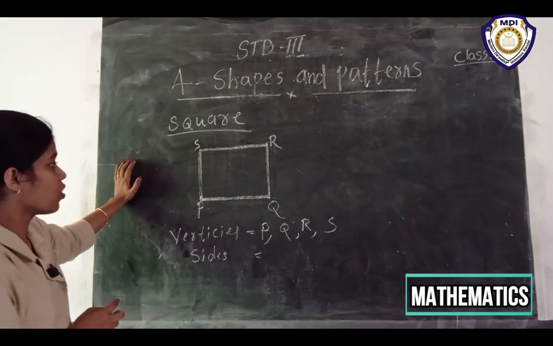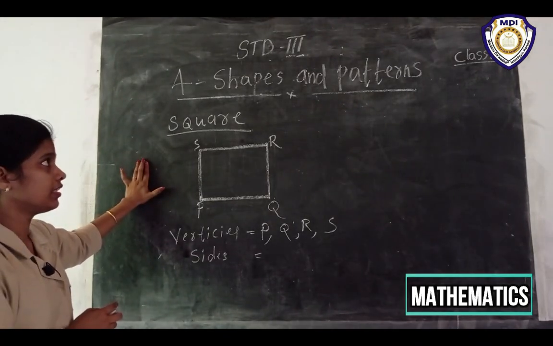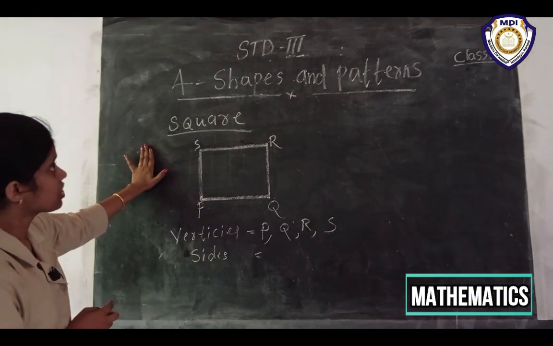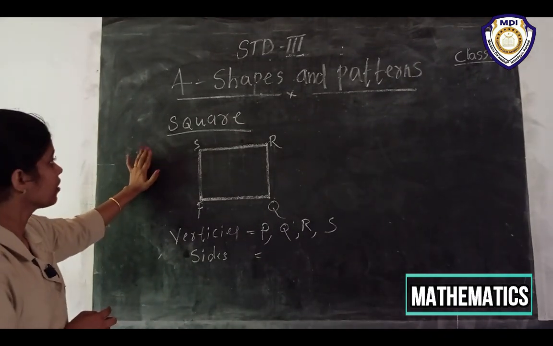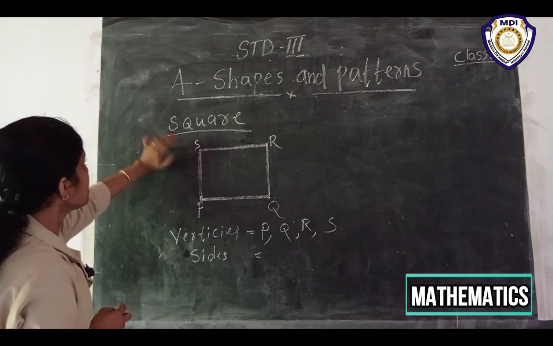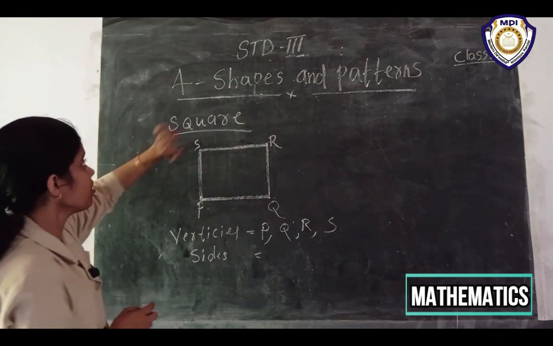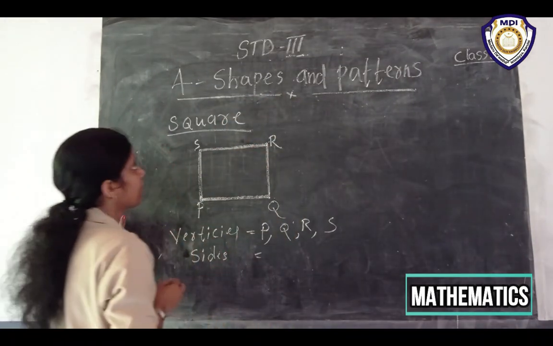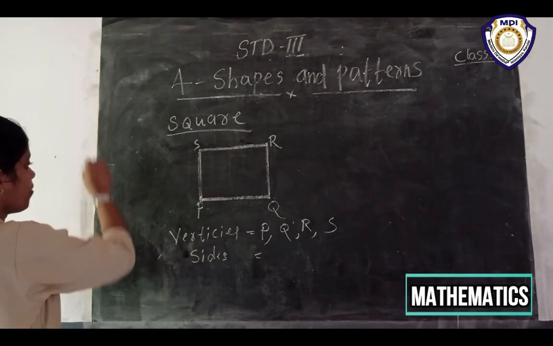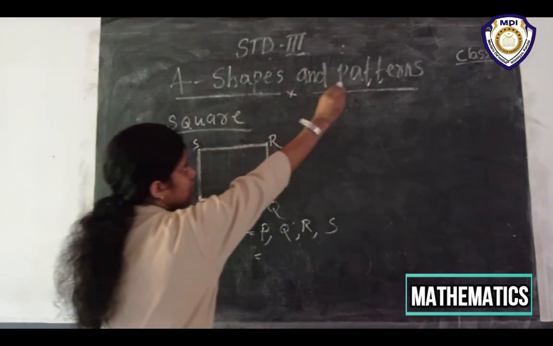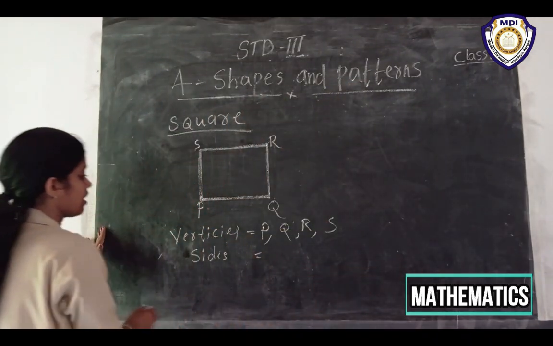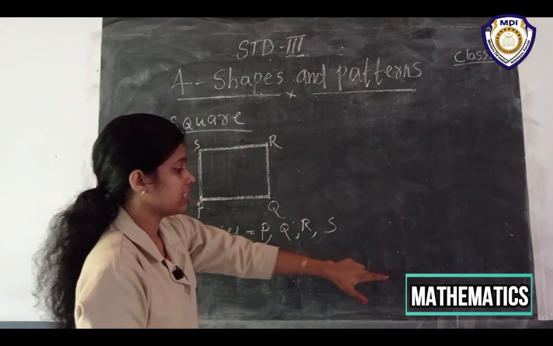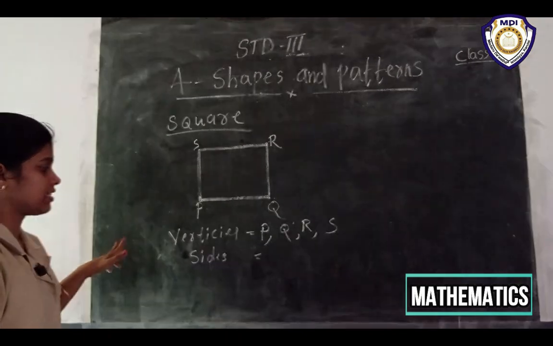All of you look at the board. The board is square shape. Square has 4 vertices: 1, 2, 3 and 4. Then how many sides are there? 1, 2, 3 and 4. 4 sides.